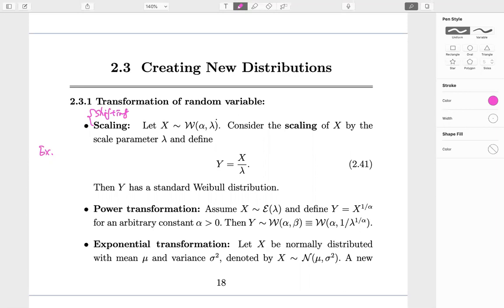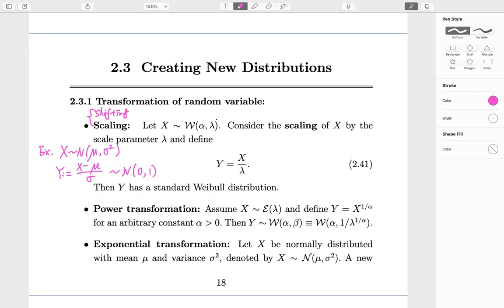Suppose I have a normal distribution with mean mu and variance sigma squared. Let me define a new random variable y by x minus its mean divided by its standard deviation. And I believe at this moment, everyone knows this is a standard normal distribution with mean 0 and variance 1, right?